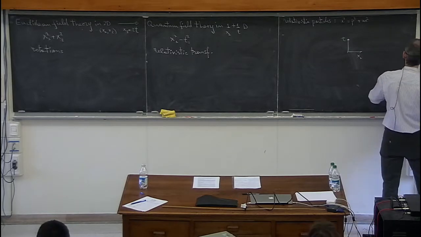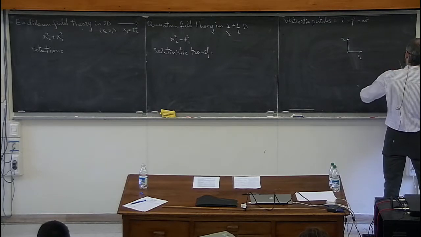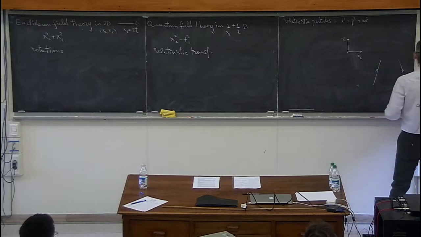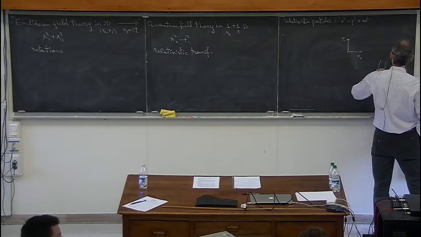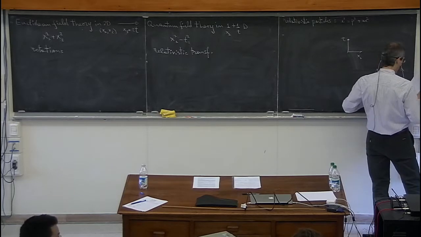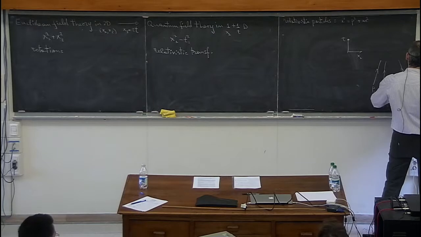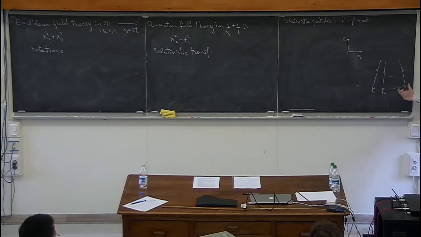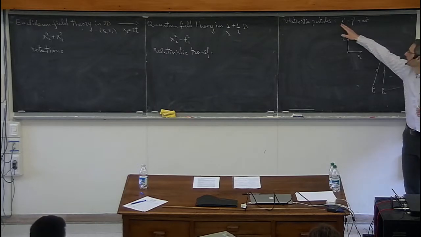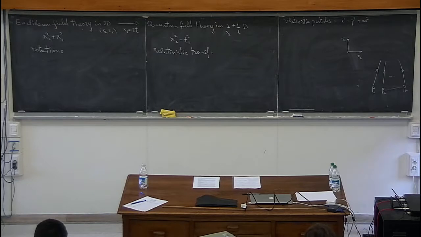Let me draw this. With momenta, say, p1, p2, up to pn. So we have in the initial state some n particles with their momenta, and their energies specified by this relation.